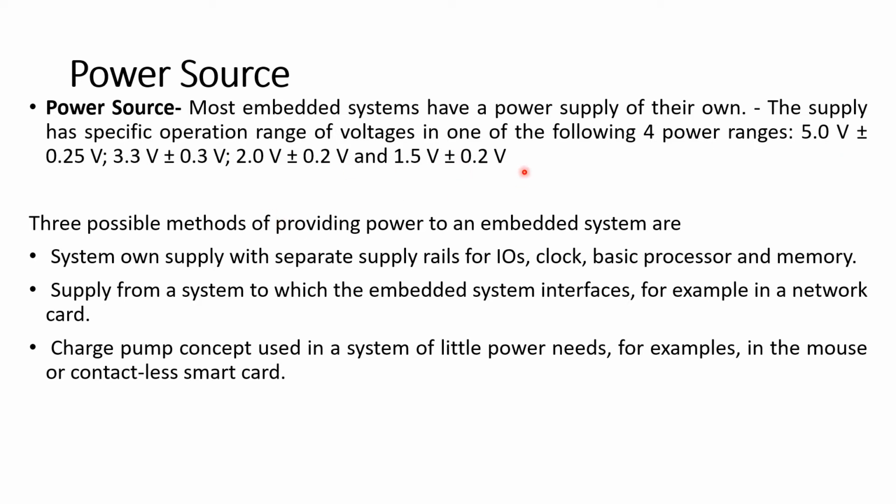For example, the 8051 operates with a DC voltage of 5 volt, with a tolerance of plus or minus 0.25 volt, or it can operate at lower voltages. For example, in low voltage mode of operation, it operates at 3.3 volt plus or minus a tolerance of 0.3 volt, or even lesser voltages.